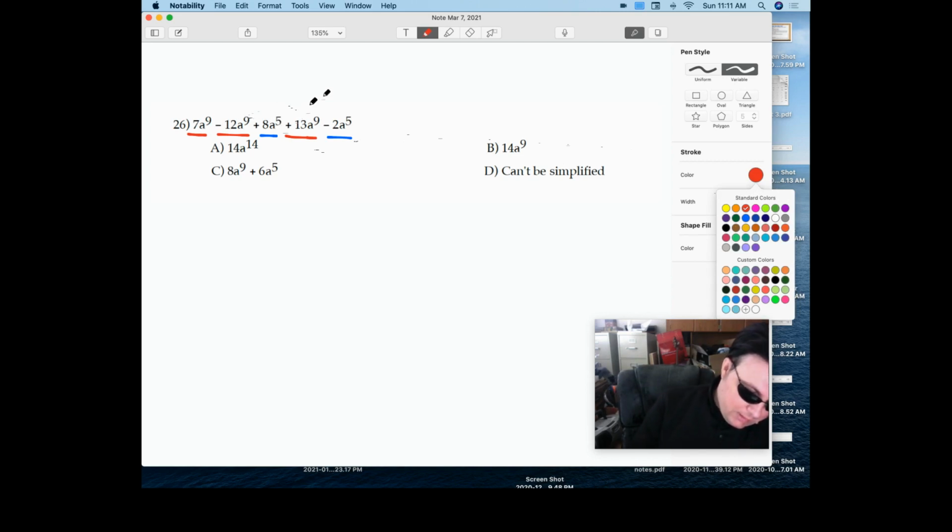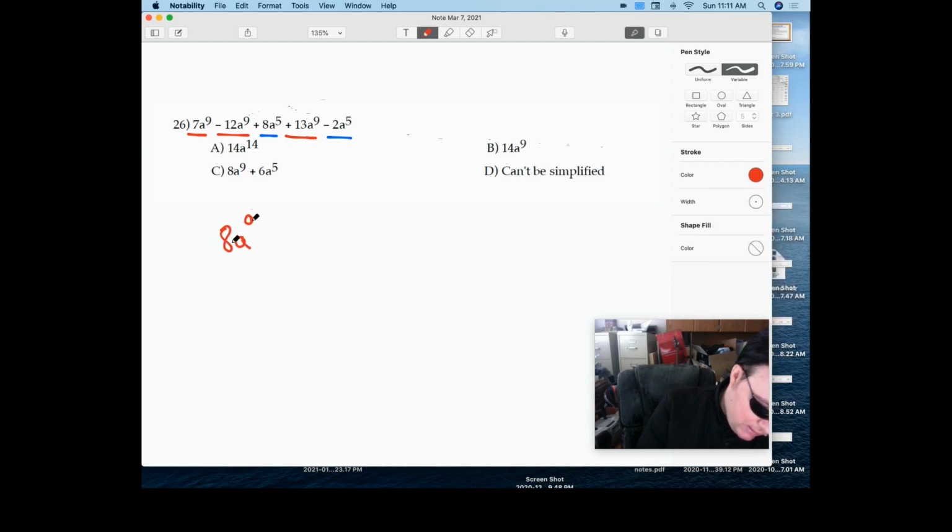Negative 5 plus 13 is 8. So it's 8a to the 9th. And then with the blue, 8a to the 5th minus 2a to the 5th, 8 minus 2 is 6. So 6a to the 5th. And there we go.